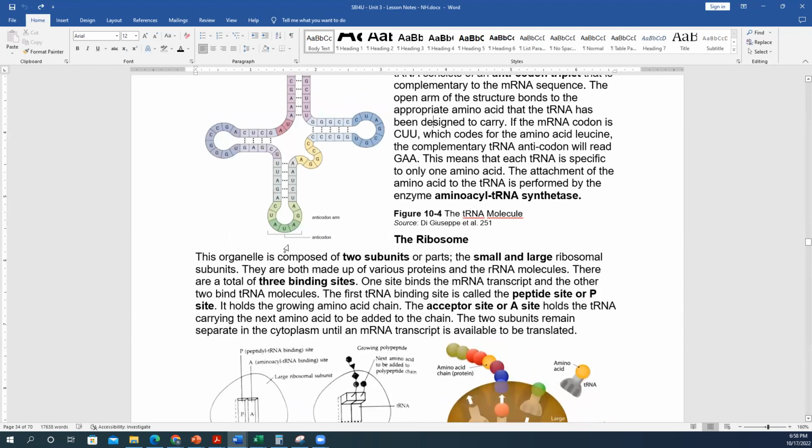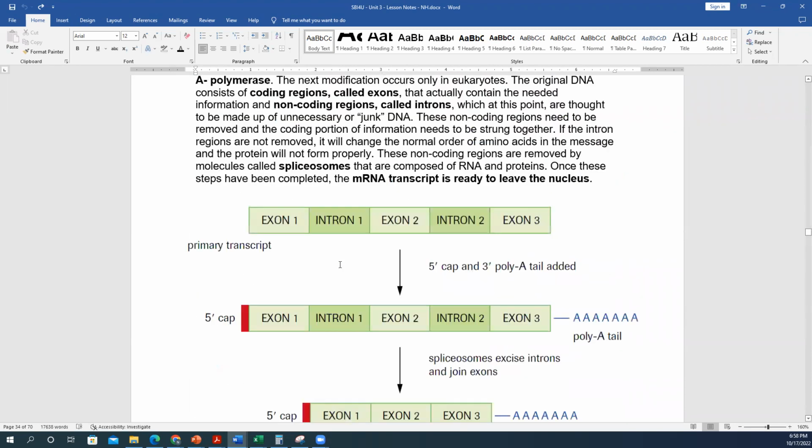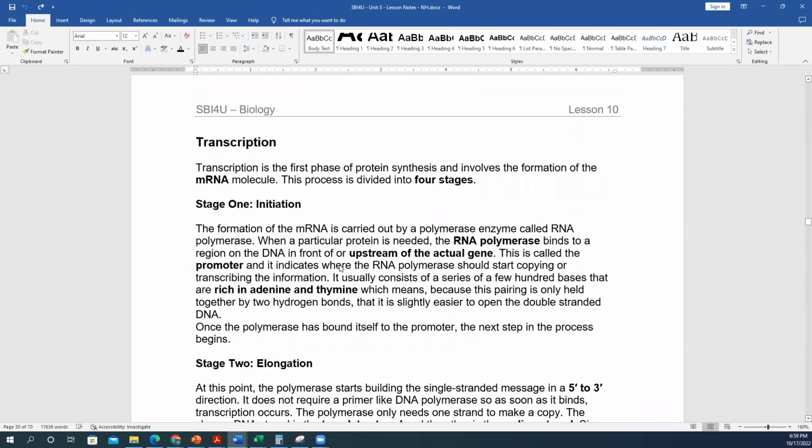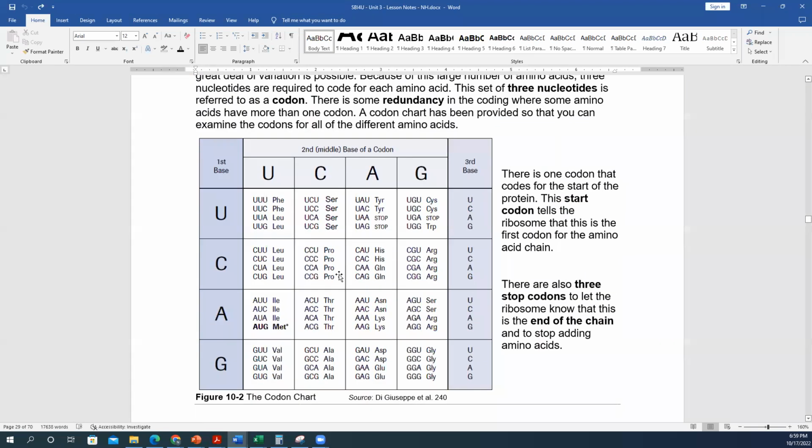So the mRNA sequence that this portion would be recognizing would be a UAU. So if we go back and look at our codon chart, UAU would be a tyrosine.